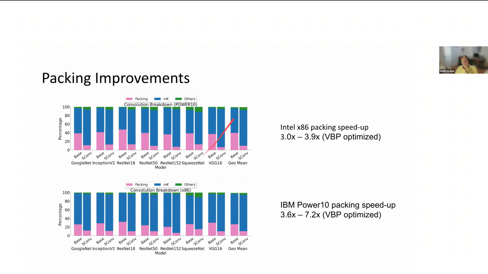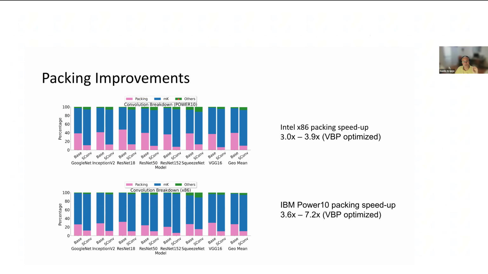All right, so we noticed that we reduced considerably the amount of L1 misses and L2 misses, but what was the improvement specifically for the packing? Now that we are doing packing with vector registers, you're not touching memory, okay? So we did this breakdown of the execution time for the POWER10 and for the x86: packing is represented in pink here, then the execution of the microkernel, and the rest of the computation.